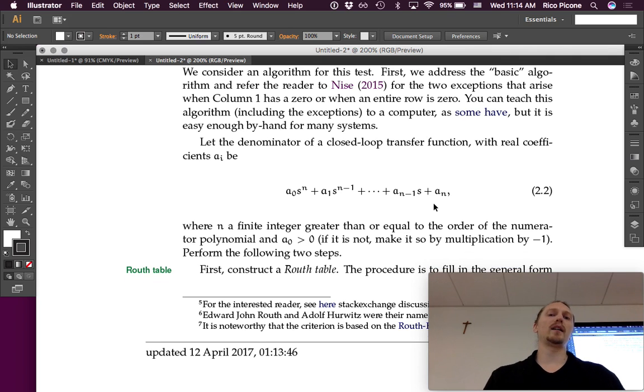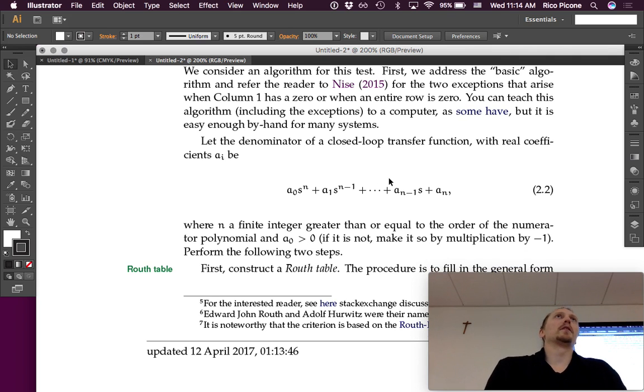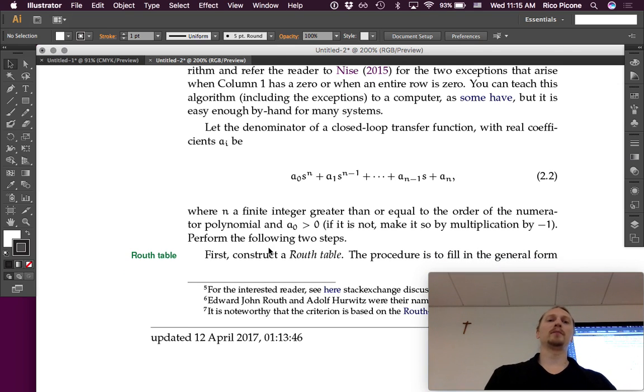And if it's not, in your closed loop transfer function, make it positive by multiplying everything by minus 1 on the denominator and the numerator.